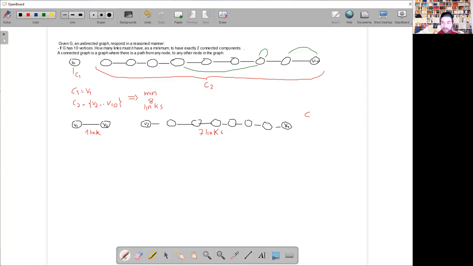So that means that now C1 is composed by B1 and B2, and C2 is composed by B3 to B10, right? And we have still 2 connected components. So the answer is that we need a minimum of 8 links, right? To have 2 connected components in an undirected graph with 10 vertices.